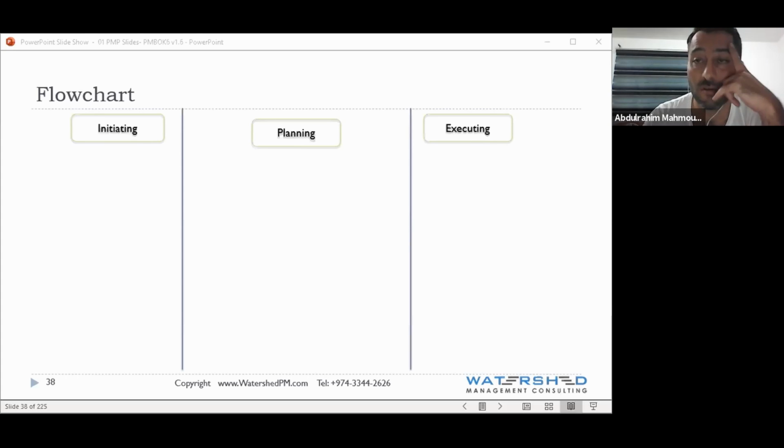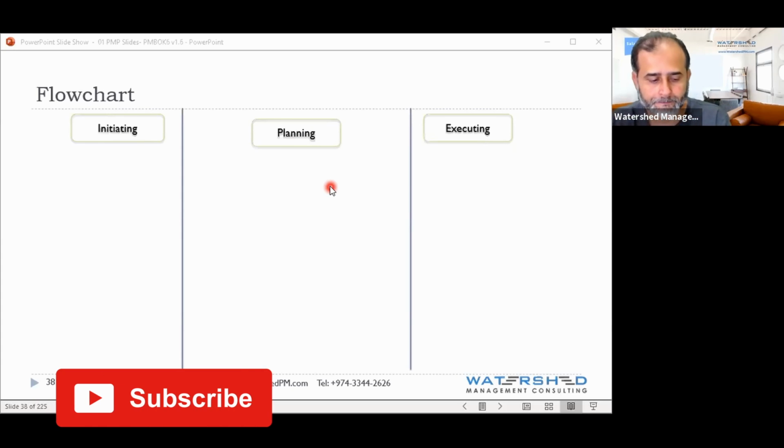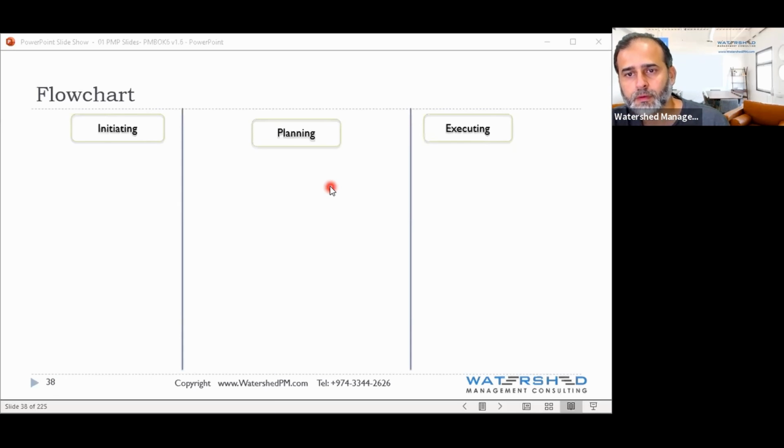Exactly. Now think of planning. When you do planning, think of knowledge areas. What are the different knowledge areas for which you do the planning? We do it for all the knowledge areas. There is a planning process in pretty much every knowledge area, correct?